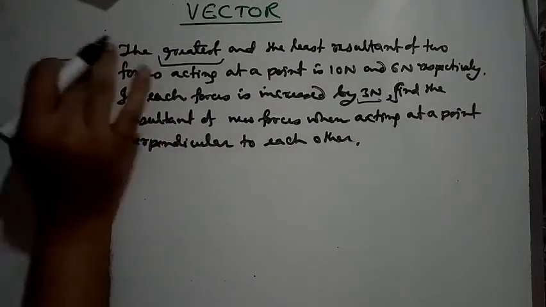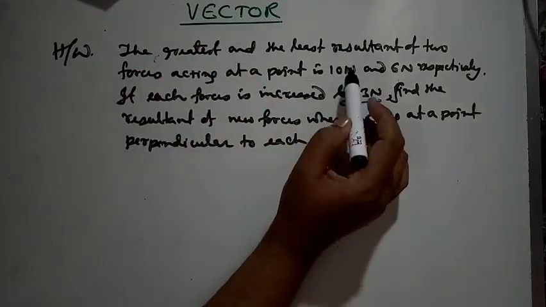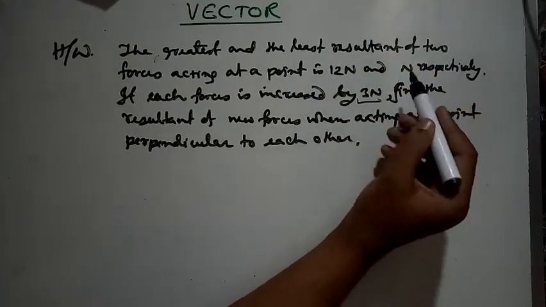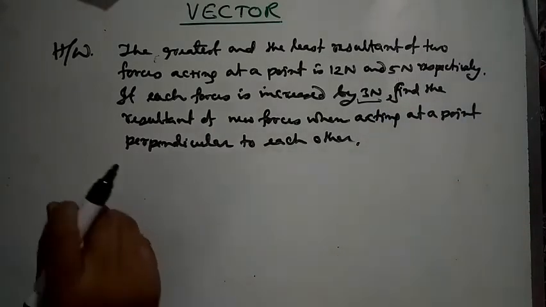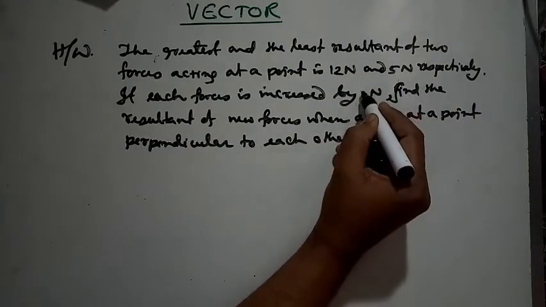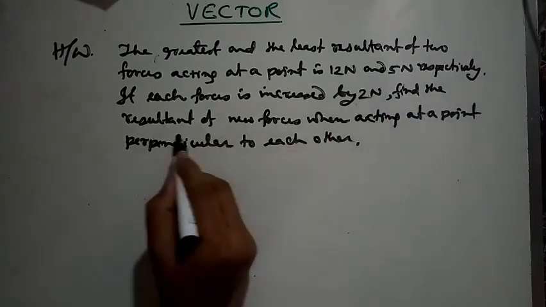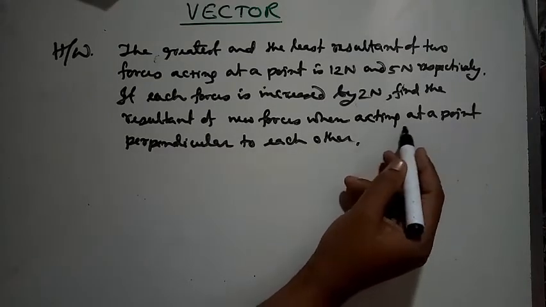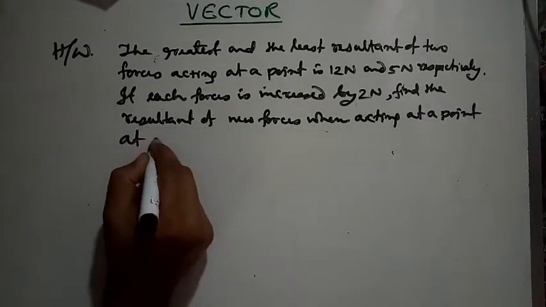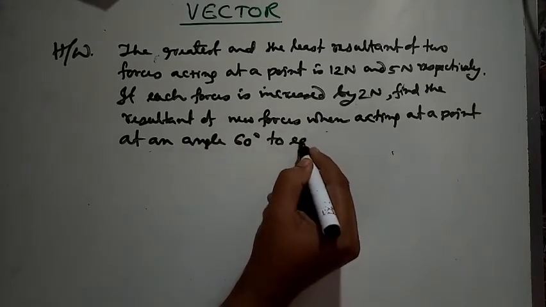My homework question is: the greatest and least resultant of two vectors are 12 Newton and 5 Newton, and if each force is increased by 2 Newton, find the resultant of the new forces when acting at a single point at an angle of 60 degree to each other.